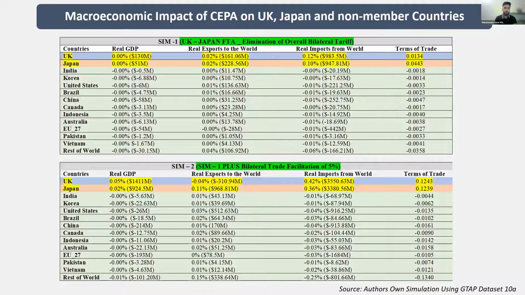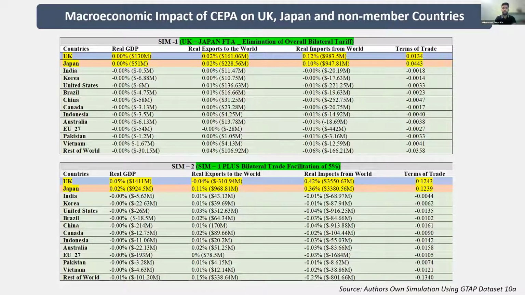Similarly, Japan would have gains of 924.5 million, whereas on the contrary, with only the free trade agreement, the UK's real GDP would grow by 130 million, and Japan's would grow by $51 million. If you look into the real exports, there exists a big difference.